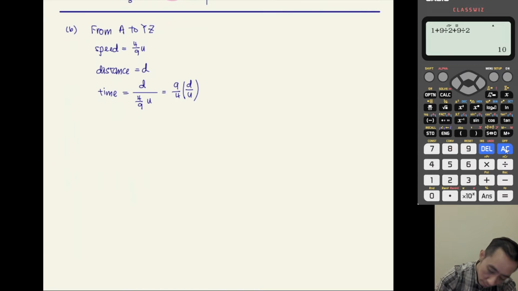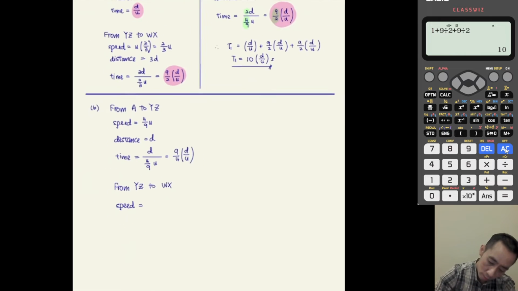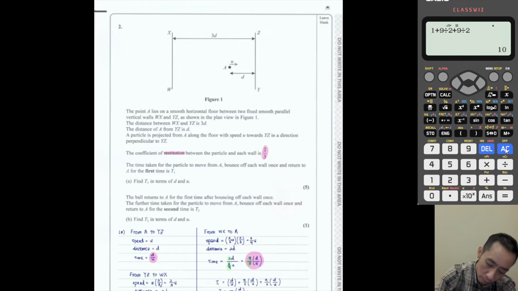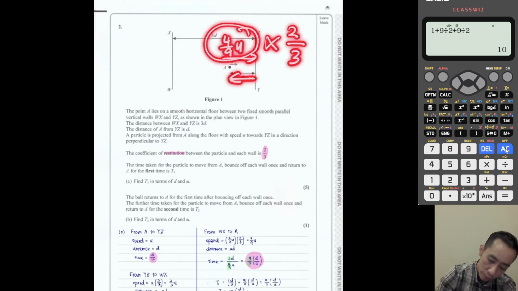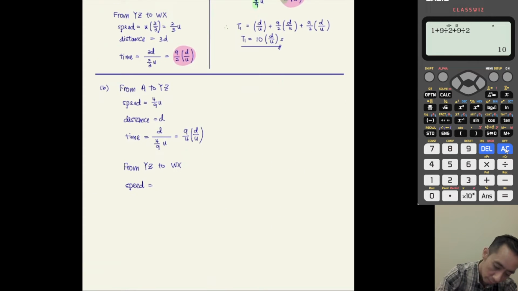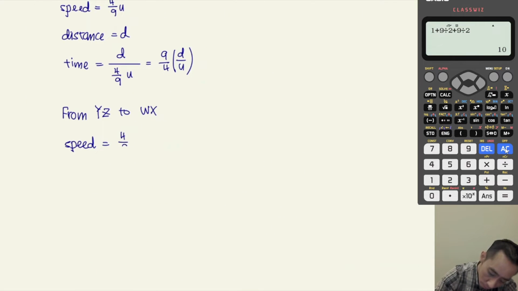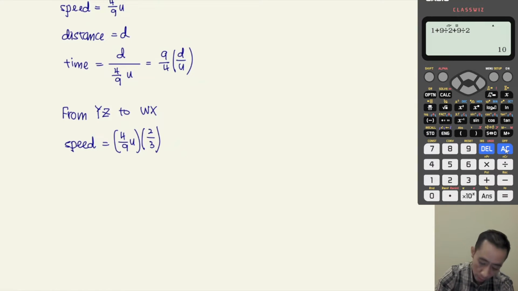Okay, then next, from YZ to WX. So the speed: when the particle comes to here, it is 4 over 9u. When it bounces back, we take this speed times 2 over 3. So here, 4 over 9u times 2 over 3, we have 8 over 27u.